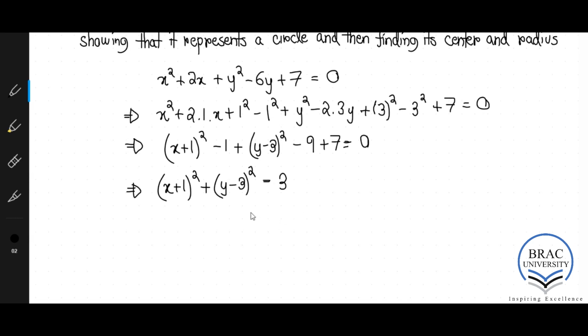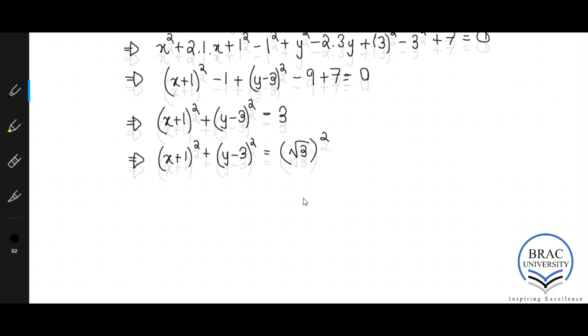So that's the form we have already, and in order to finally write it in an r squared way, this term is like the square root of 3 squared. So the radius, and radius cannot be negative, so the radius here is square root of 3, and my center C here is minus 1 comma 3.